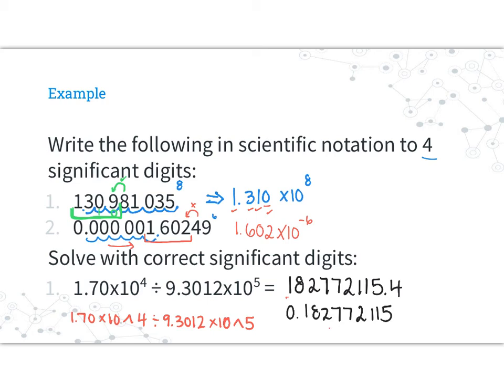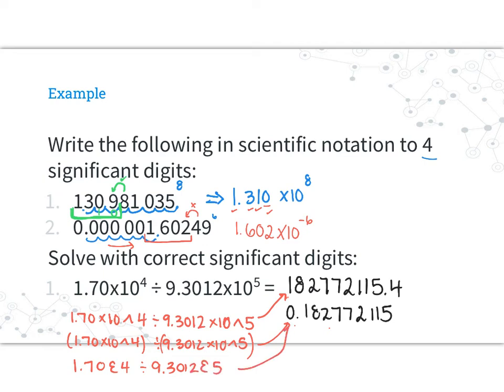Others that got this second answer would have done brackets around this: 1.70 times 10 to the hat 4 divided by 9.3012 times 10 to the hat 5, and they would have put brackets there. Others that got this answer would have done 1.70 E4 divided by 9.3012 E5, and we would have gotten the same answer.